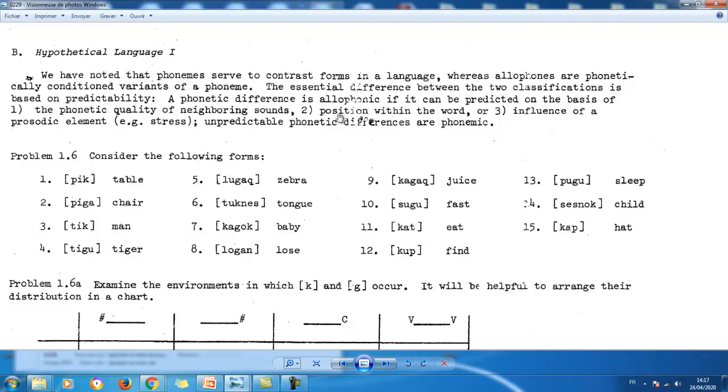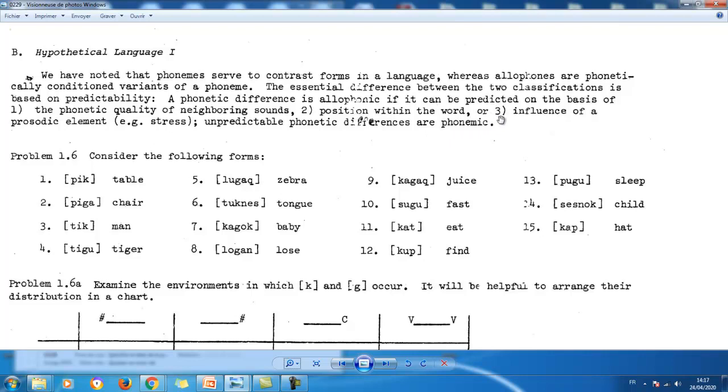Now, number two, we can also take into consideration the position within the word. This is what we have already talked about in connection to the three phonemes p, t, k, and even l. So the position that the phoneme occupies within the word can help us know which realization to give it.